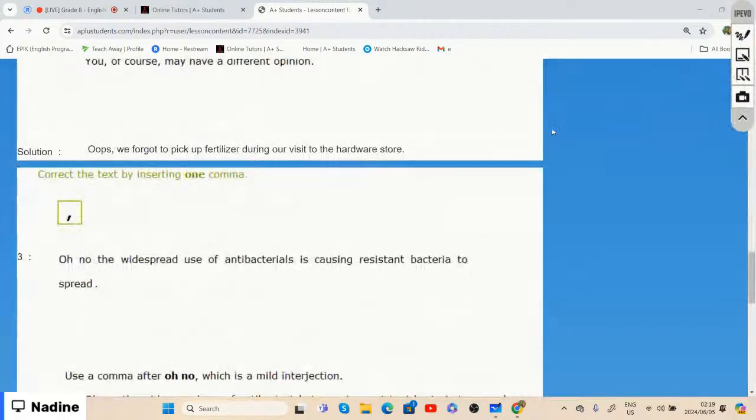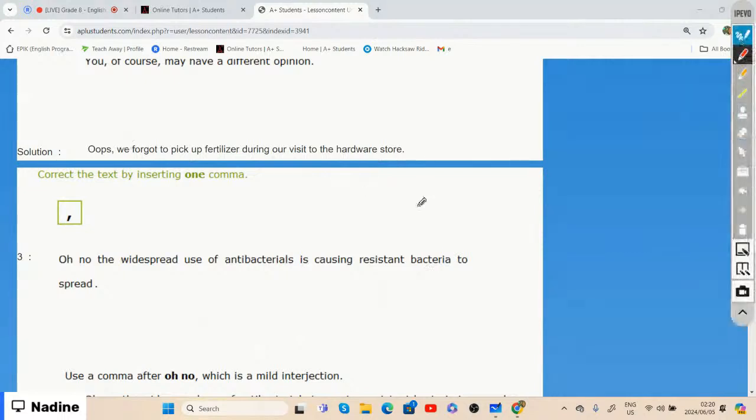And then we have another one. It says we need to insert one comma within the sentence. Oh no, the widespread use of antibacterials is causing resistant bacteria to spread. If we were to add a comma, then also yet another mild interjection. So we'll say, oh no, comma, and then we have the rest of our sentence.